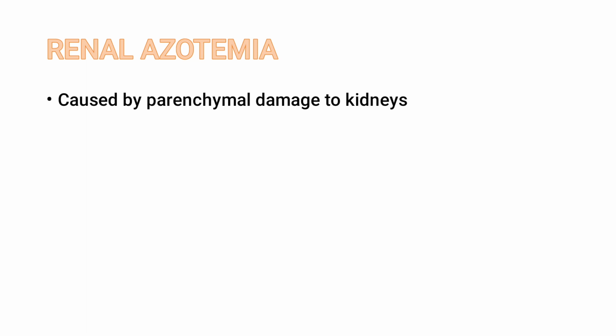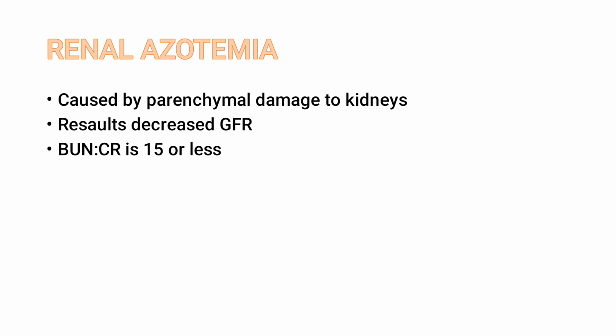Come to the renal azotemia. Now in this condition, the parenchymal tissues of the kidneys are damaged, and that results in decreased GFR. Now in this case, the ratio is 15 or less than 15. The important causes include acute tubular necrosis.